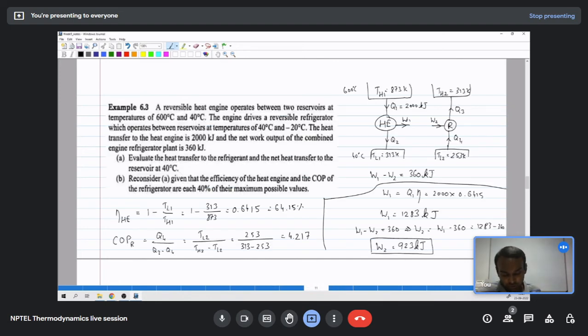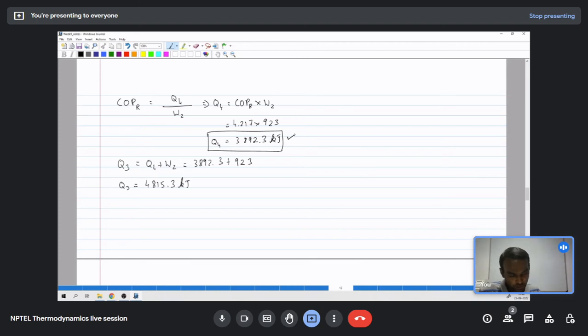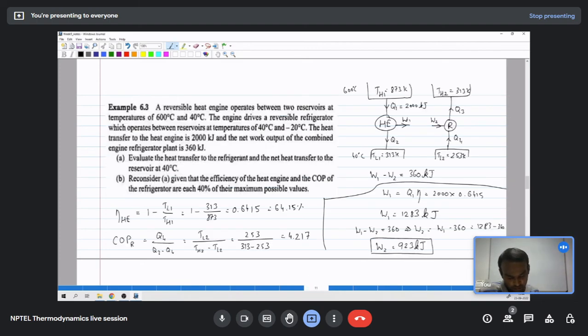Now we were asked to evaluate the heat transfer to the refrigerant, so that is Q4. We have calculated Q4 here, and the next part of the problem is to calculate the net heat transfer to the reservoir at 40 degrees Celsius.